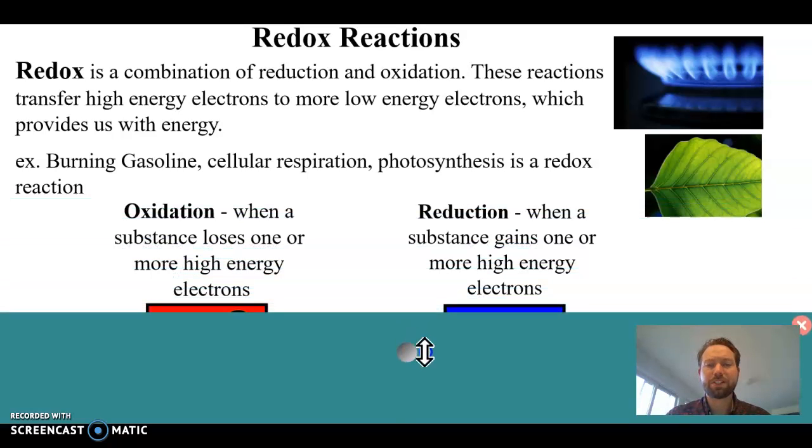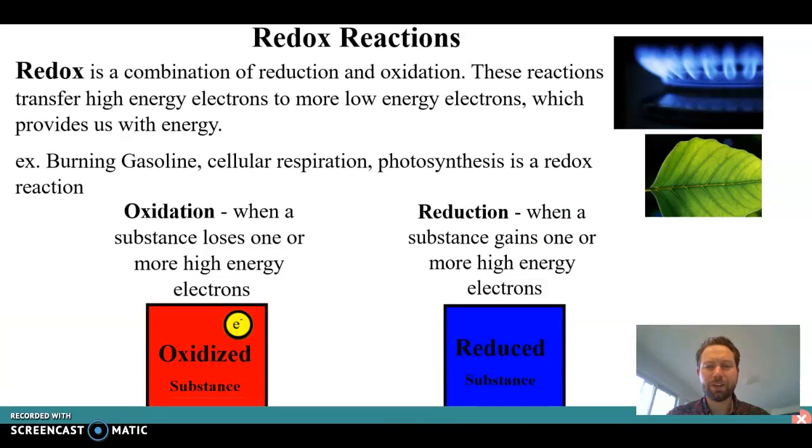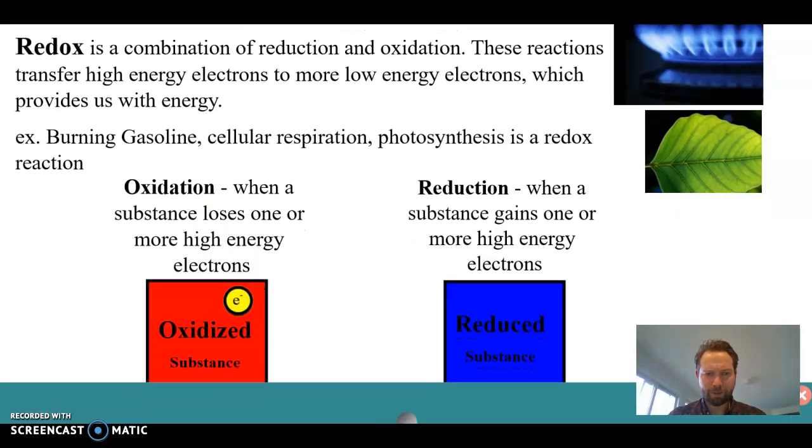So really quick definitions of oxidation and reduction. Just as a quick review, oxidation is when a substance loses one or more high energy electrons. Think of this box as a molecule or an element that has extra electrons that it wants to get rid of. High energy electrons are electrons that would be easy to get rid of.